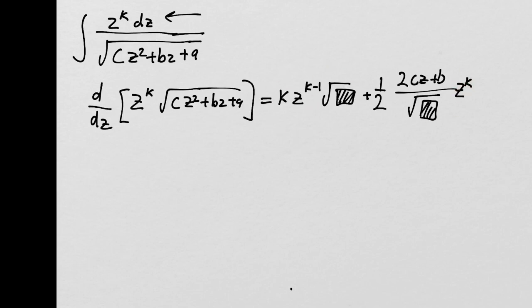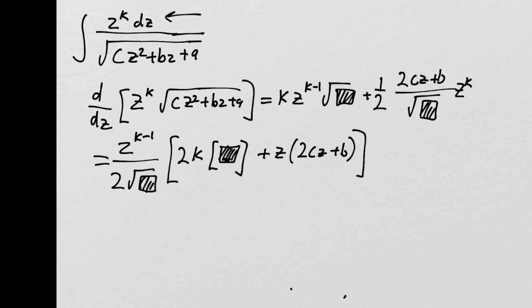So once we make that simplification, we can keep simplifying things. So our next step is we pull out a z to the k minus 1 divided by 2 times radical box.